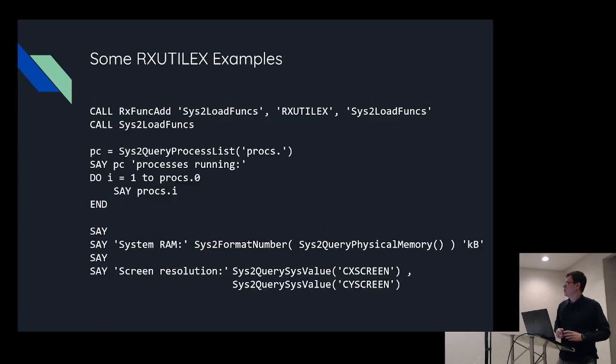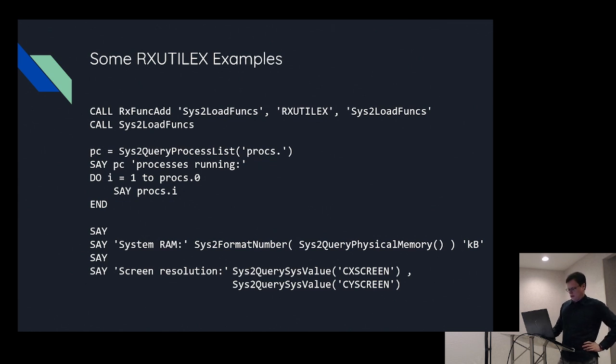All right, so quick examples of some stuff. Again, the usual boilerplate: register the functions, then query list of processes, query the system RAM. I also take the opportunity to demonstrate how to format a number nicely, and then query the screen resolution.